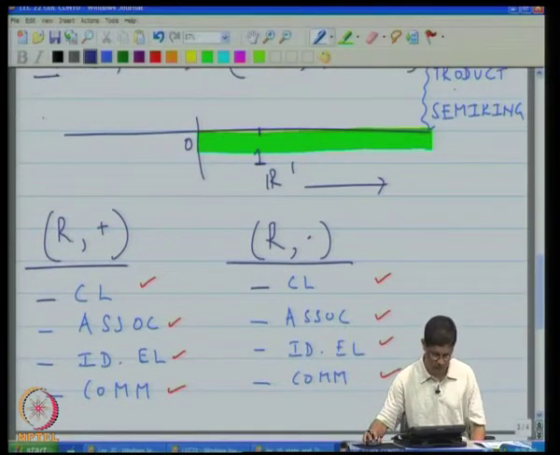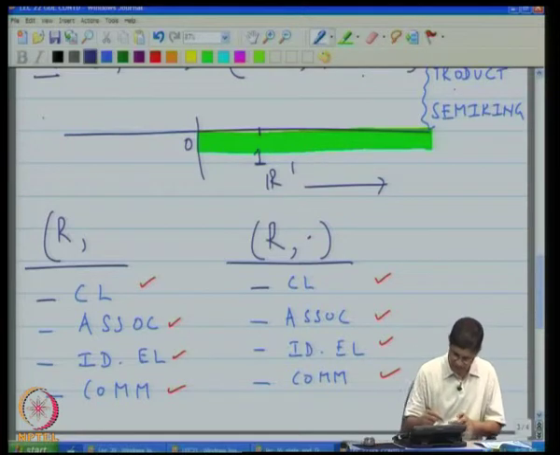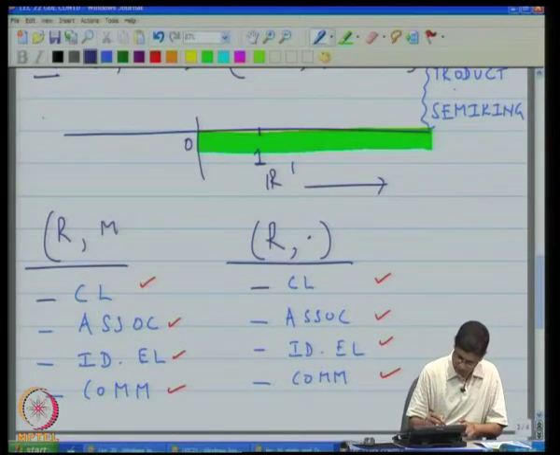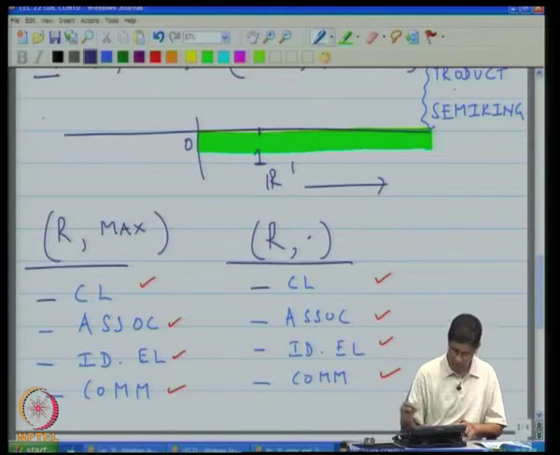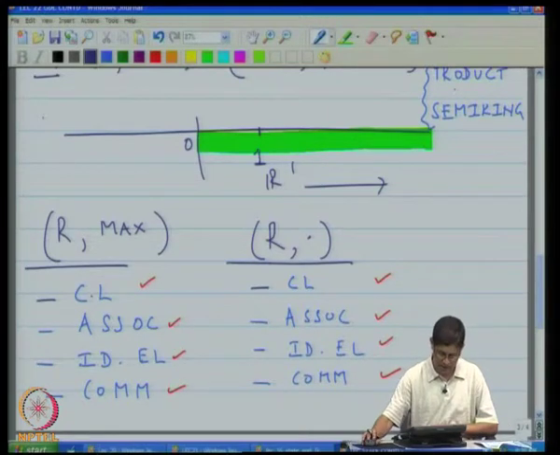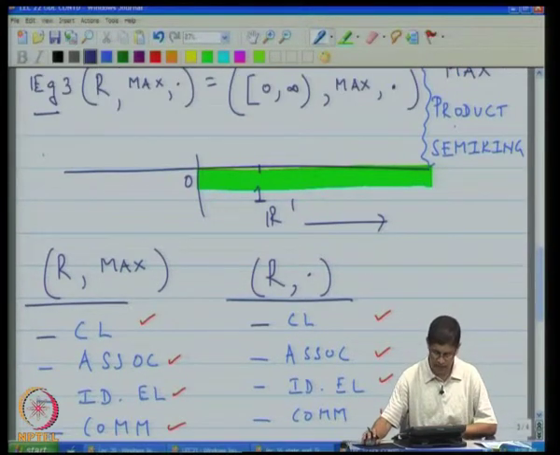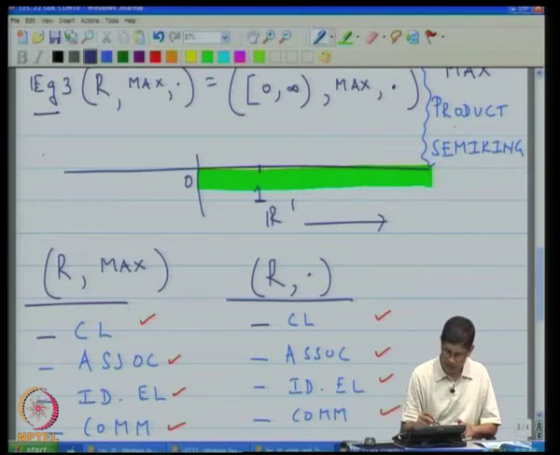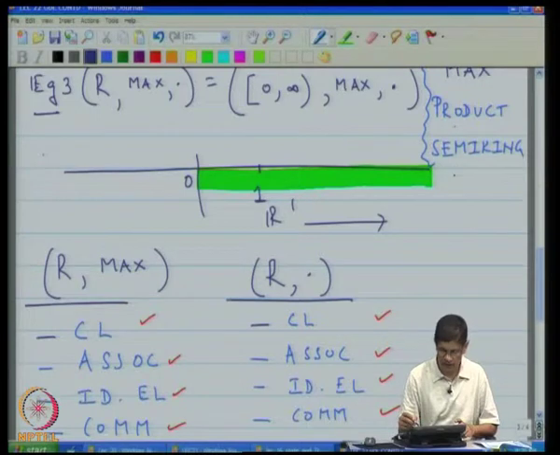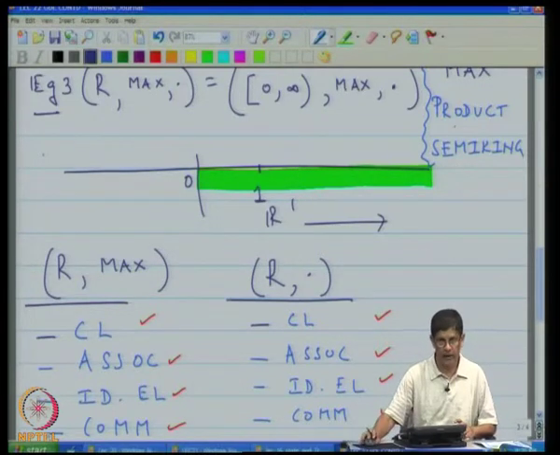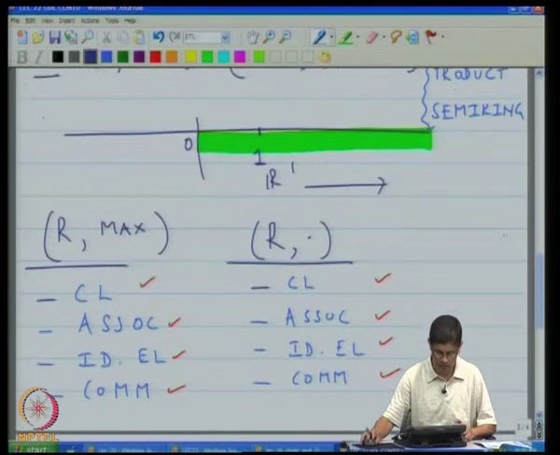So, we go down the list. Again let us correct this so that we have max. Under max is it closed, that is if you take max of two quantities and each of the two quantities is a real number between 0 and infinity, will that also be a real number between 0 and infinity? That is obviously the case.